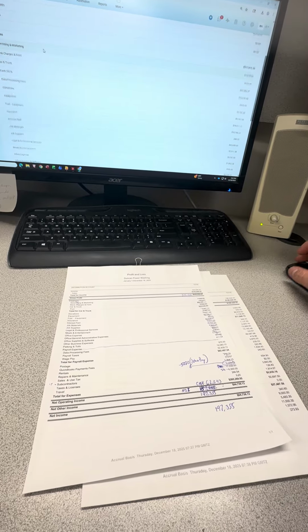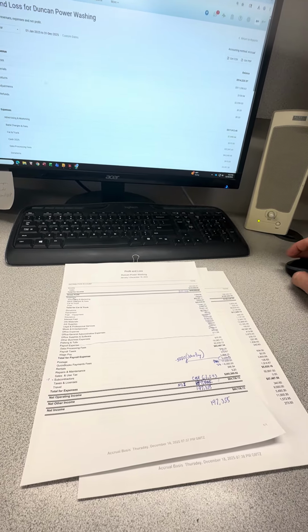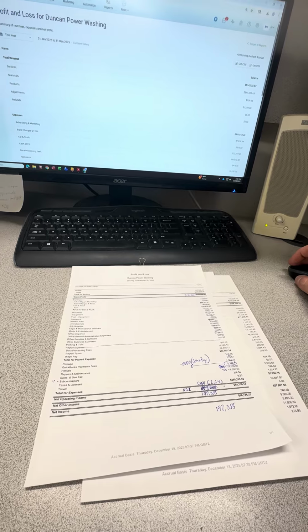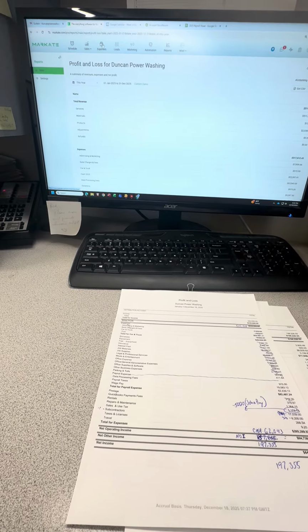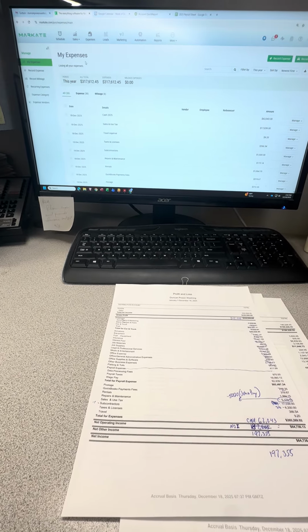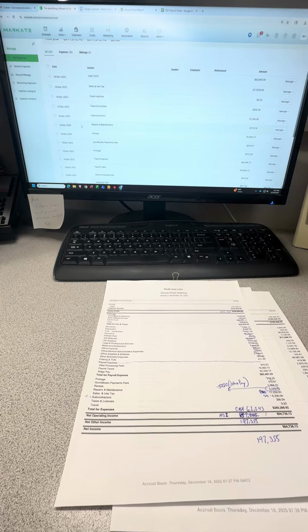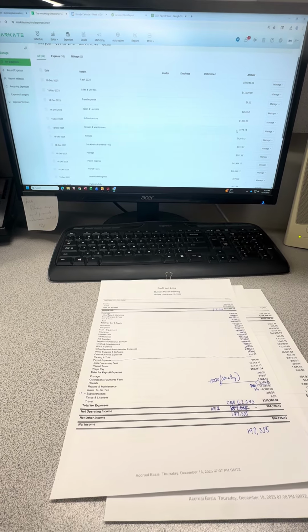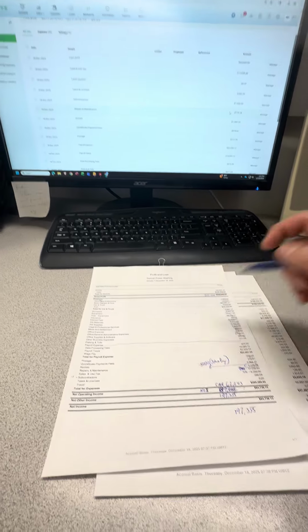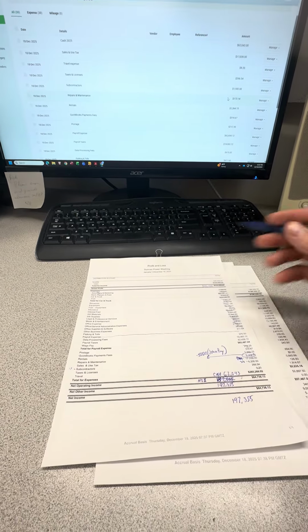So on Marquette, there is an expense section up here that I will be manually inputting the amounts of expenses for each category from QuickBooks.